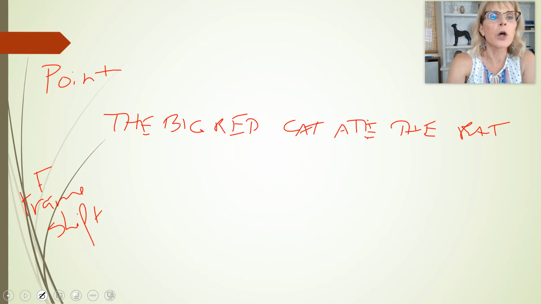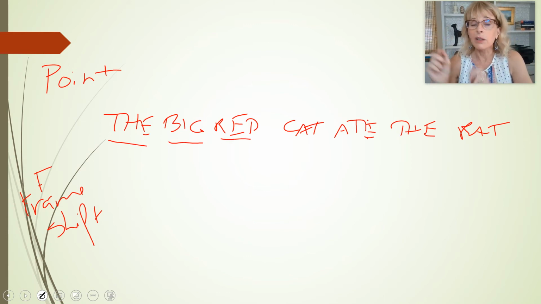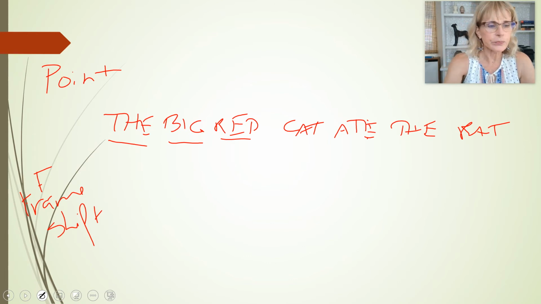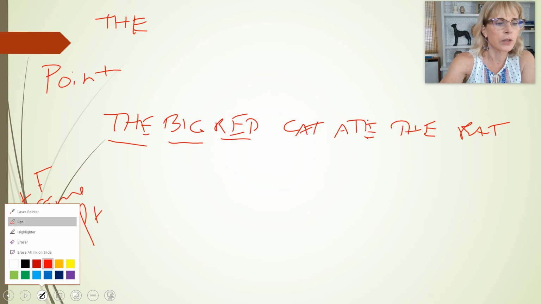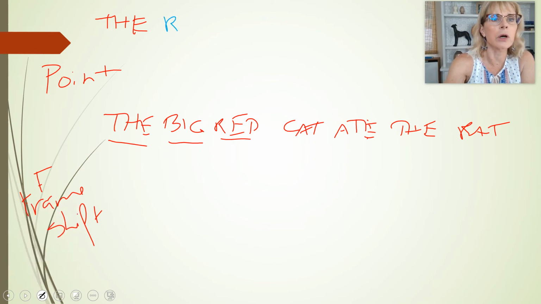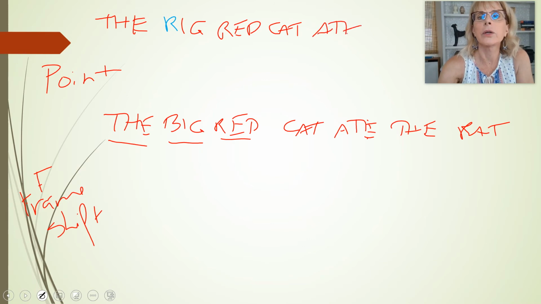A point mutation would be, by the way, each one of these is supposed to be a codon. Codons are 3 letters, 3 nucleotides, right? So I'm going to do a point mutation, and I'm going to change the letter B into an R. And now it says the rig red cat ate the rat.